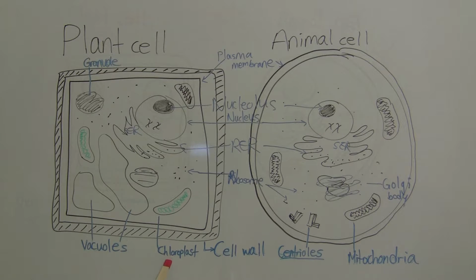That photosynthesis is actually carried out within the chloroplast. Whereas in animal cells, we make ATP from using carbohydrates and a sugar source, and that occurs within mitochondria as a tricarboxylic acid cycle.